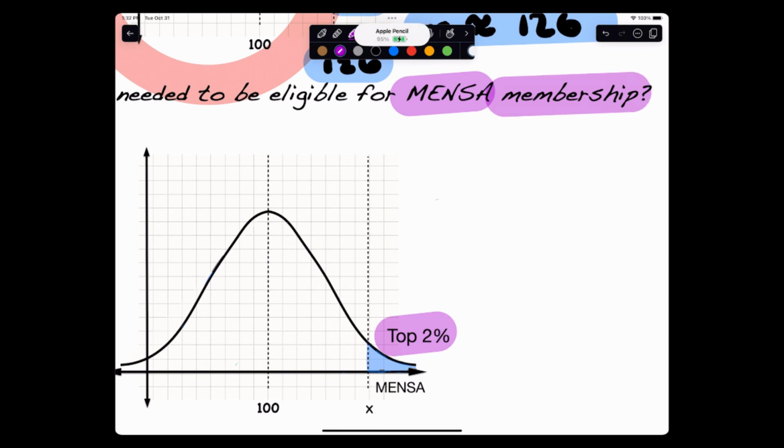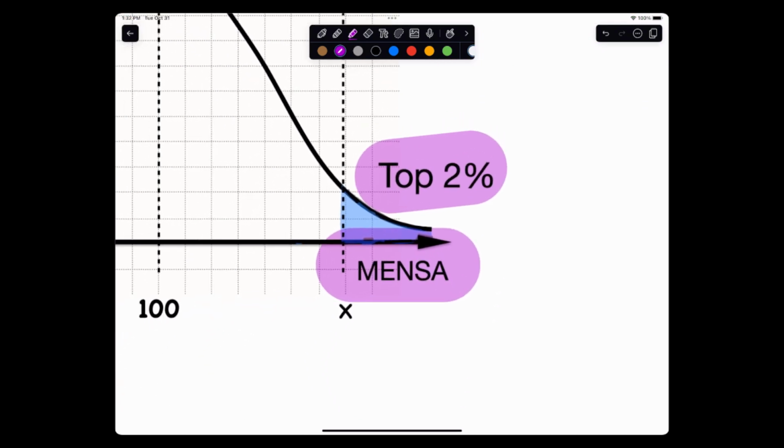These are the geniuses of the geniuses. What's the definition of Mensa? Someone who has an IQ, excuse me, in the top 2%. So if your IQ is in the top 2%, guess what? You could belong to what? Mensa.